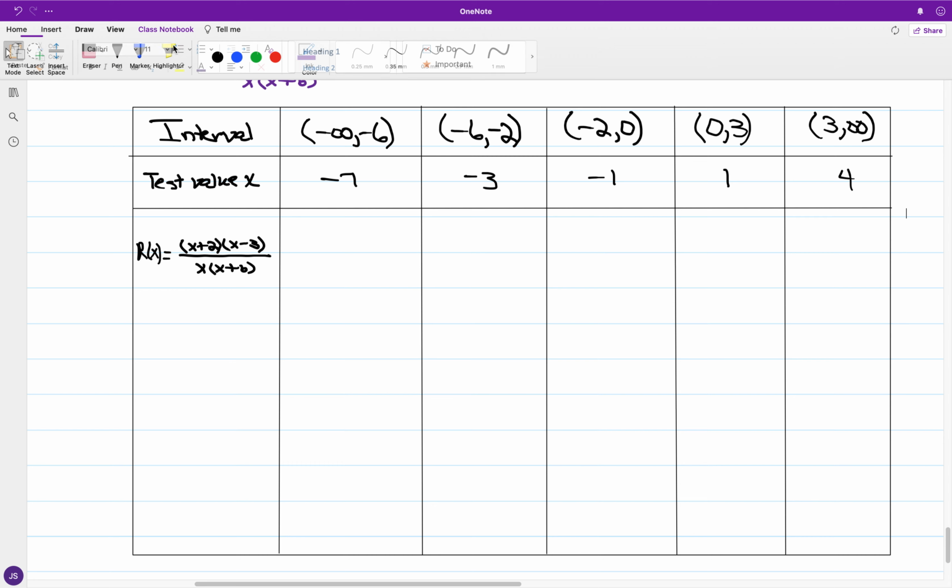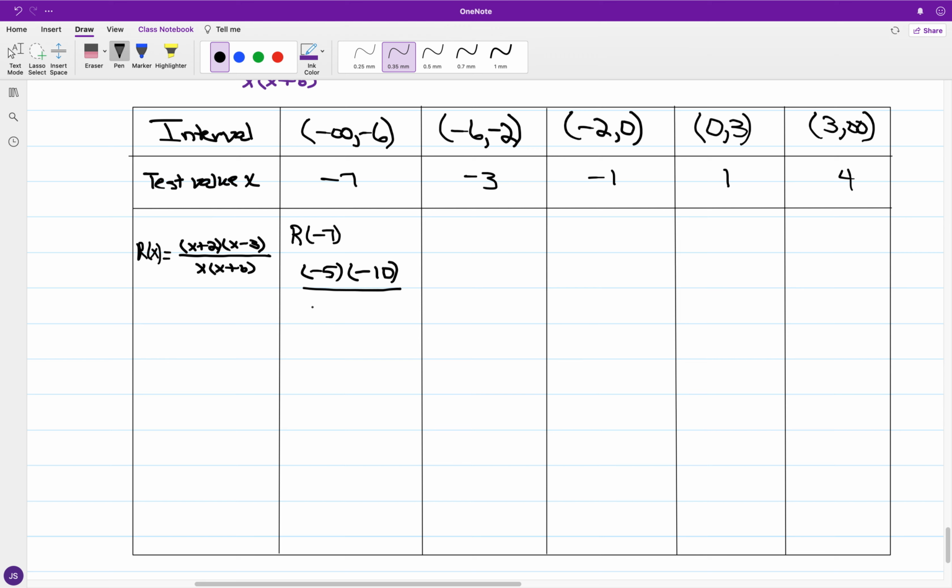So for what we have in the case of r, whenever x is at -7, you have -7 plus 2 is -5. -7 minus 3 is -10. Then we have -7. -7 plus 6 is -1. Now, you got 50 over 7. So just for the first output, this is going to be positive, where we have 50 over 7.